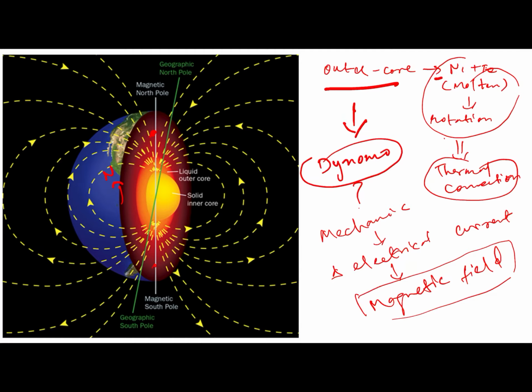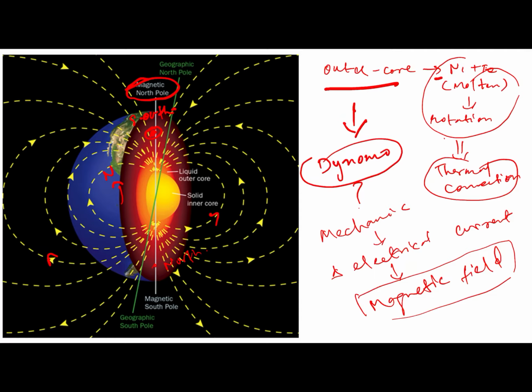Actually, in the northern hemisphere the south magnetic pole is located, and in the southern hemisphere the north magnetic pole is located. That's why the magnetic lines originate from the north and go to the south. We can see it in the arrows also. Magnetic lines originate from the north pole and go to the south.